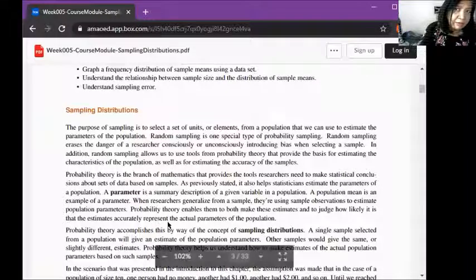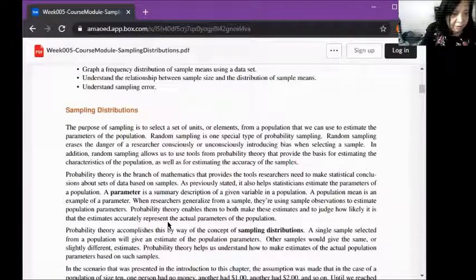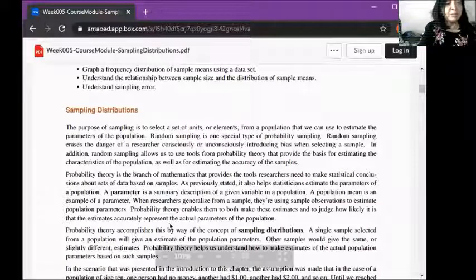So if you have good estimates, then you will be able to represent the actual parameters of the population.